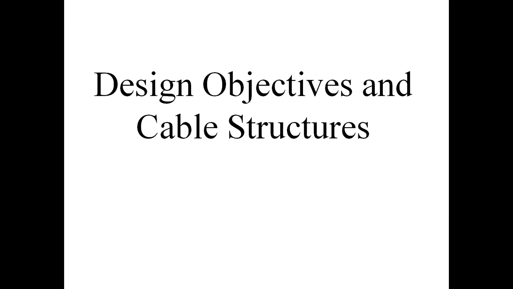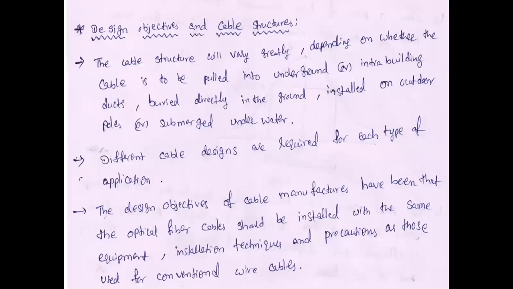Right. Based upon this basic structure, now we are going to move to the design objectives and cable structure of optical fiber cable. First, we discuss the topic of design objectives. At the time of installation of optical fiber cables, what precautions we have to take, and in different environment conditions, what are the structures of optical fiber cables.